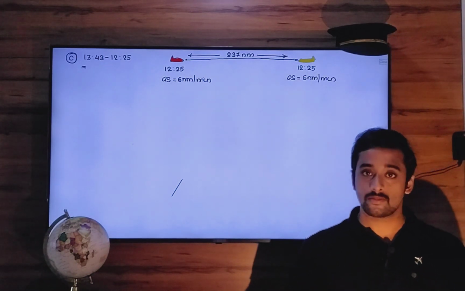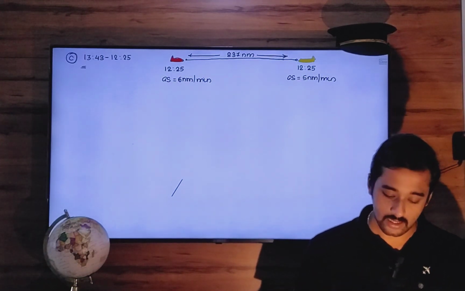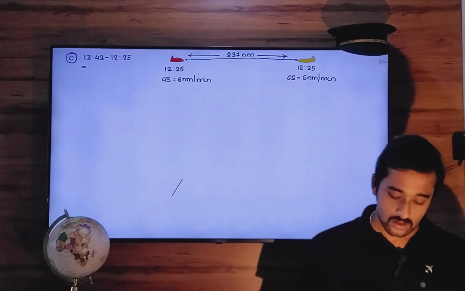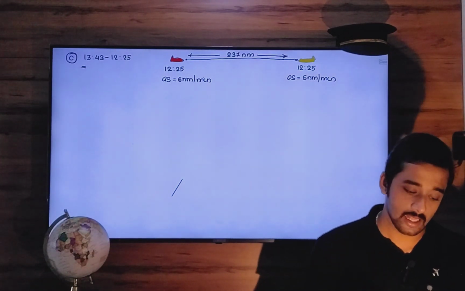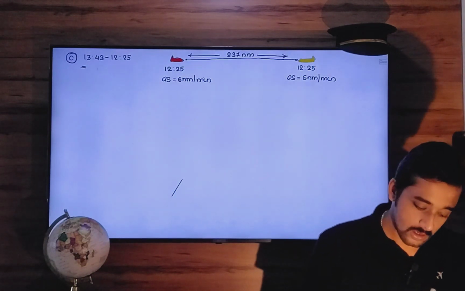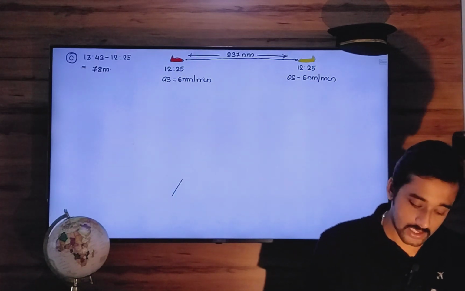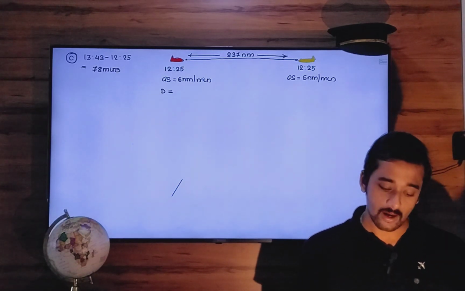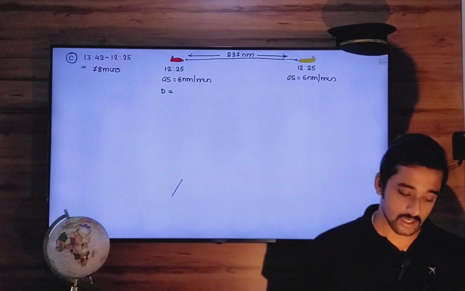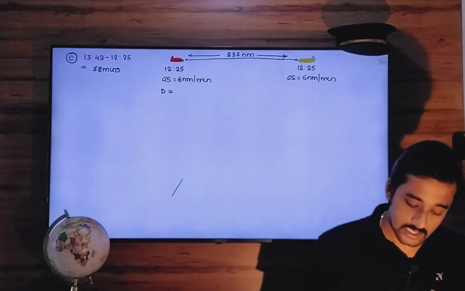The time difference between 12 hours 25 minutes and 13 hours 43 minutes is 1 hour 18 minutes. That is equal to 78 minutes. Now in these 78 minutes, aircraft 1 will travel a distance of 6 into 78, 468 nautical miles.